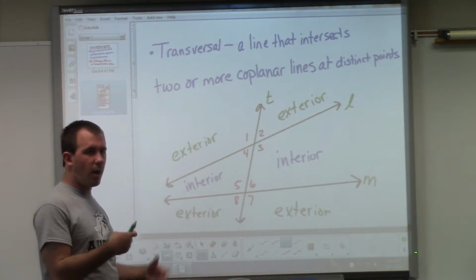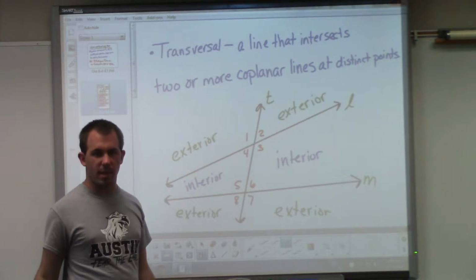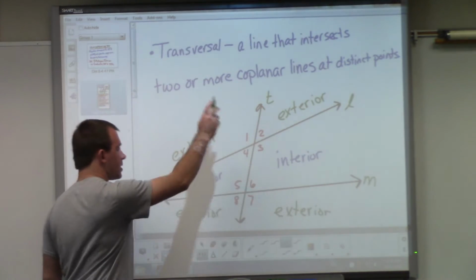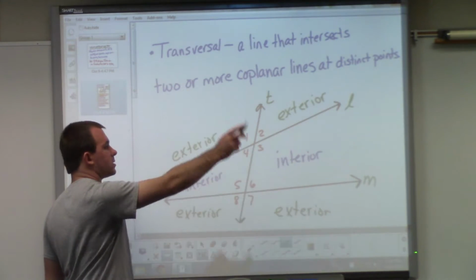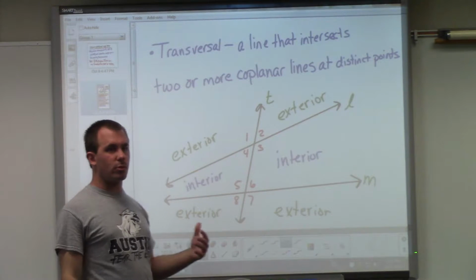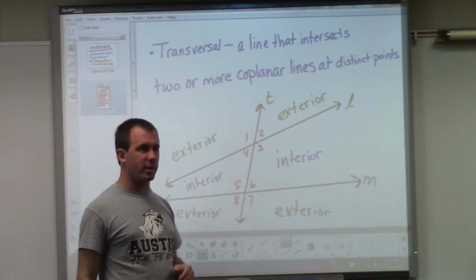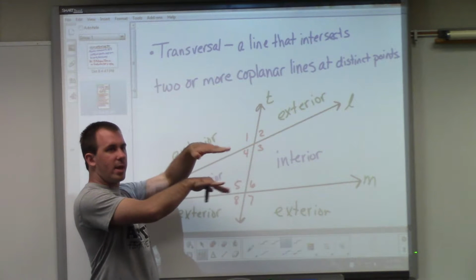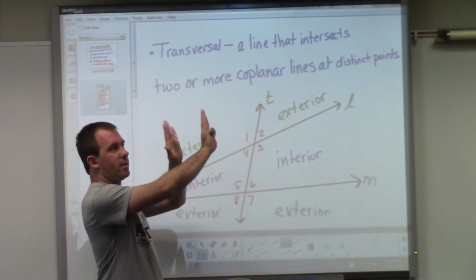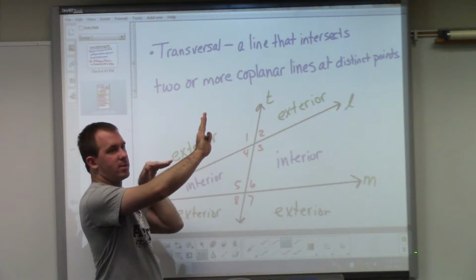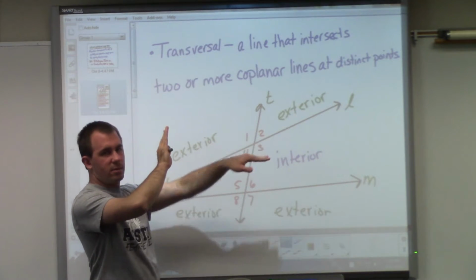Now we're going to use all of this information to look at our special angle pairs, using the transversal cutting through these 2 lines. And whatever we go over today is true for any 2 lines that are being cut by a transversal. They're not always going to be in a horizontal fashion. They could be in a vertical fashion with the transversal going horizontal.